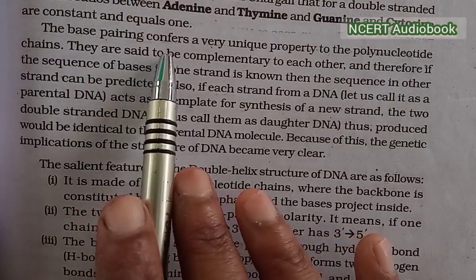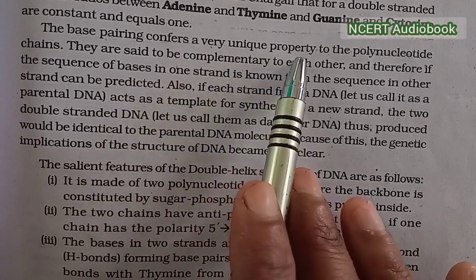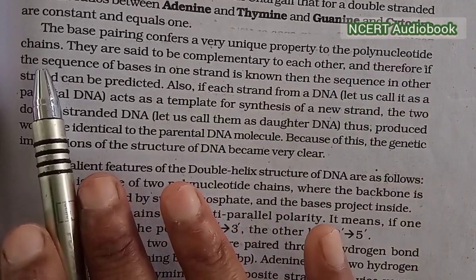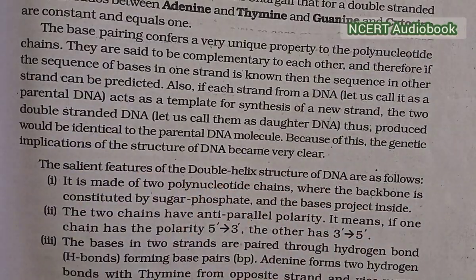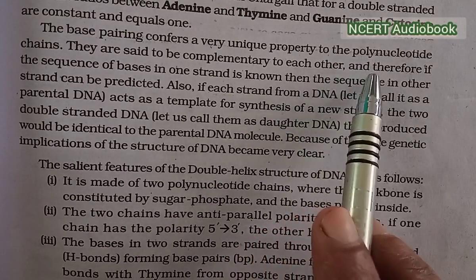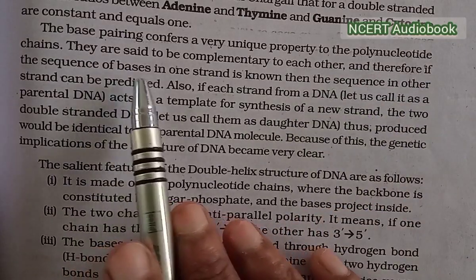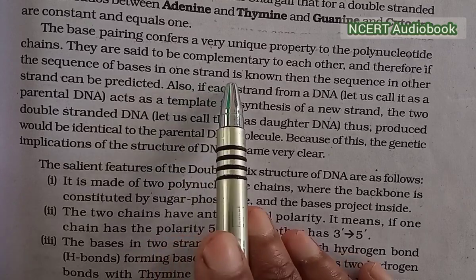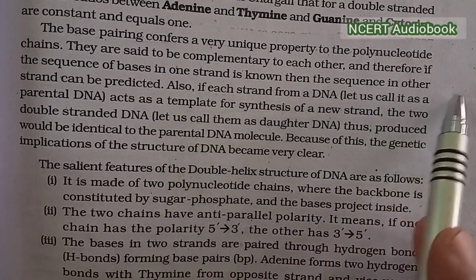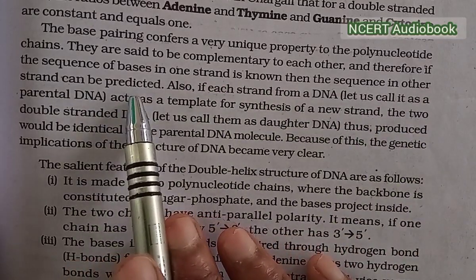The base pairing confers a very unique property to the polynucleotide chain. They are said to be complementary to each other, and therefore if the sequence of bases in one strand is known, the sequence of the other strand can be predicted.